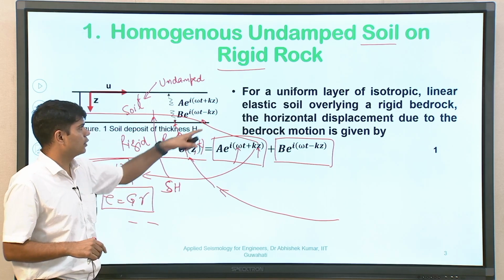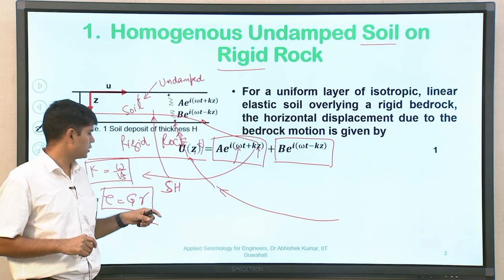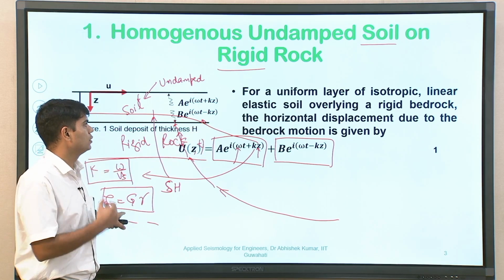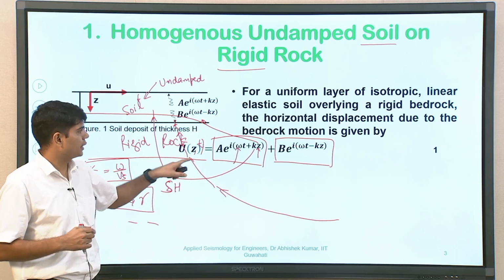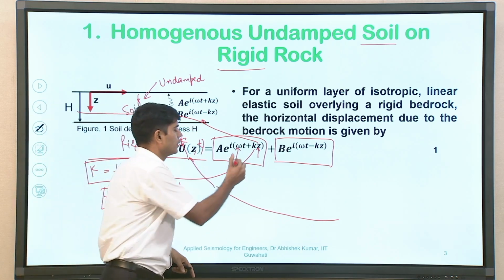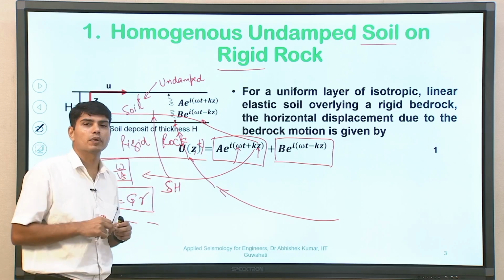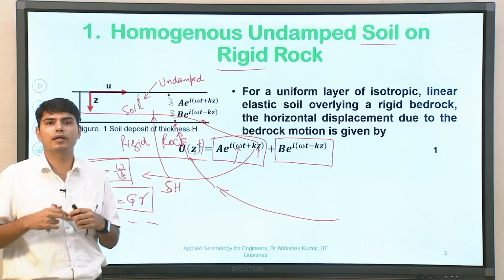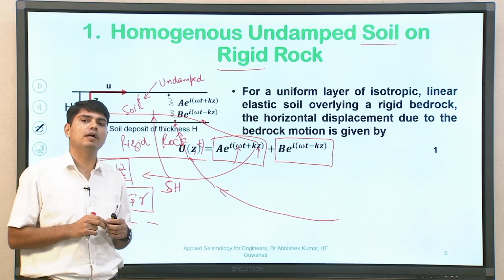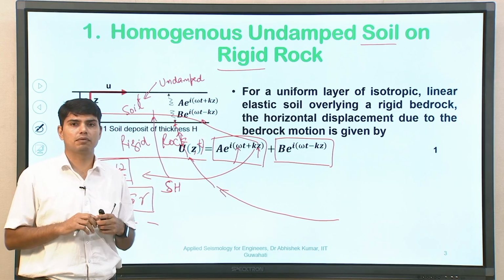So, one thing is clear, we are talking about a linear elastic spring where the only resistance is from the shear modulus. Secondly, the k value given over here is only a function of shear modulus or shear wave velocity. However, if you take both parameters, shear modulus as well as damping ratio, into account, you will have an additional component over here, and at that time this wave number will also become a complex wave number.